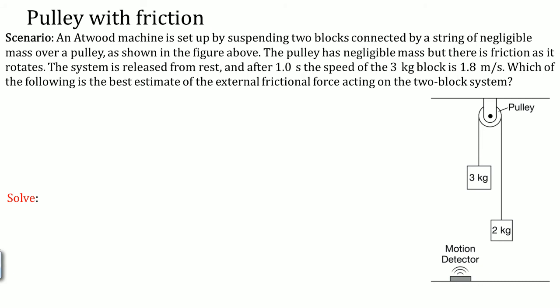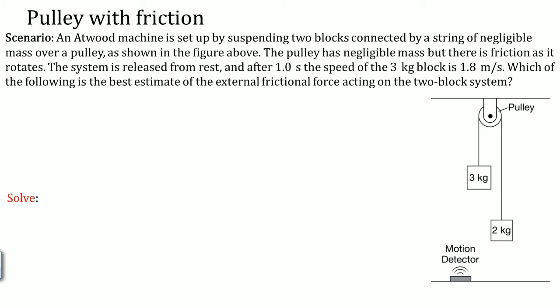Now, the last thing is that this is the same scenario as before, but the mass changed. Also, there's a motion detector here. It says this Atwood machine is set up by suspending 2 blocks connected by a string of negligible mass over a pulley, as shown here. The pulley has mass, and there is friction between the rotors.